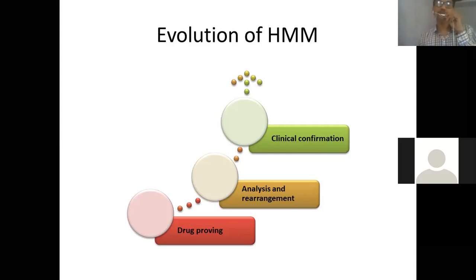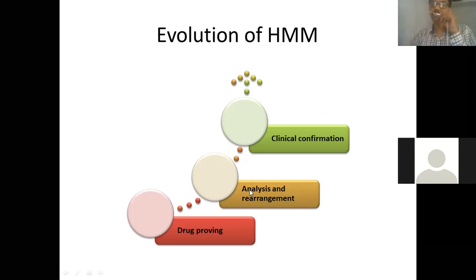This term pathogenesis has its connection with the second step, analysis and rearrangement of the symptoms collected from the drug provers. It is a kind of analysis done by the prover, who is then able to comment upon the pathogenesis ability of any specific drug.